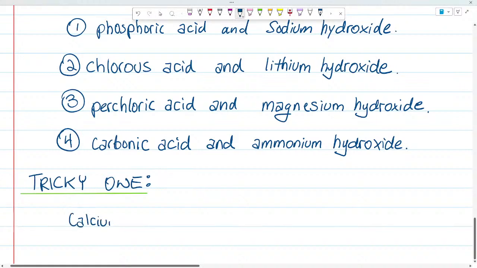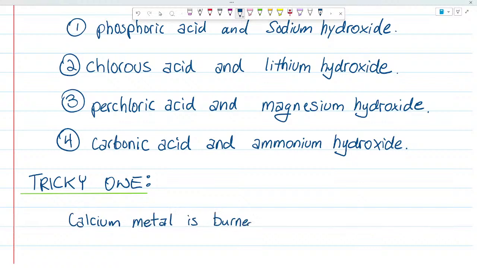Calcium metal is burned. Carbon is also burned. Both products are dissolved in water.